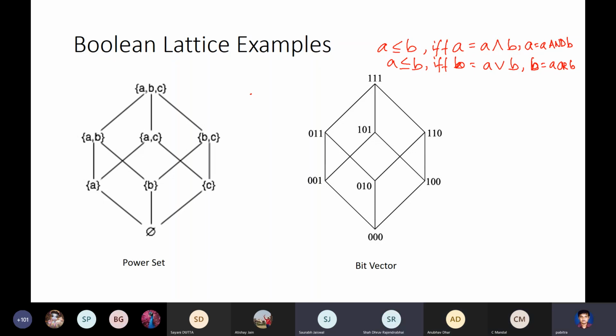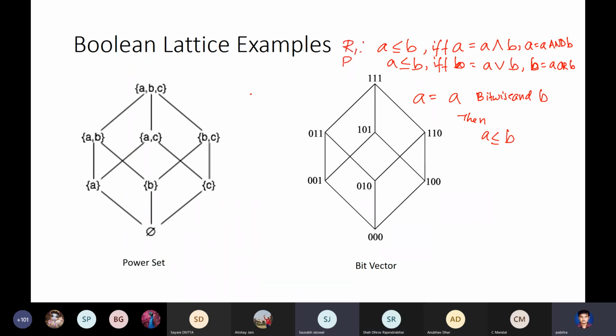So I can write it as A equal to A bitwise and B. So does this hold? Yes, sir. So this I call relation 1.